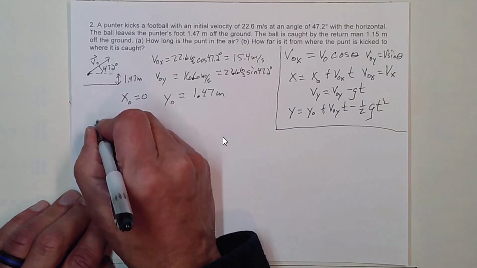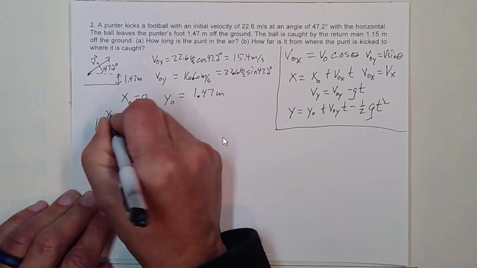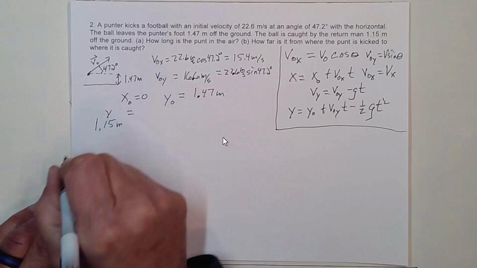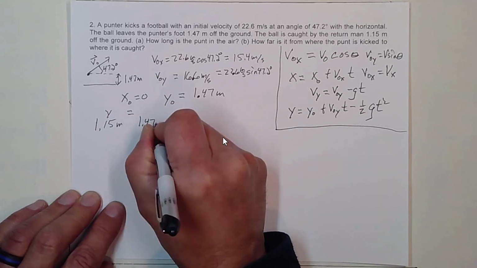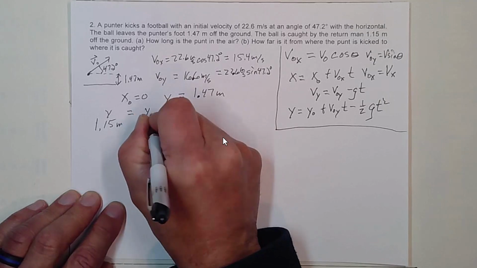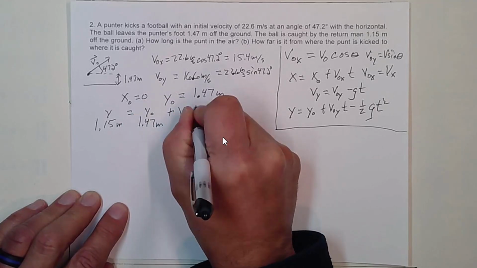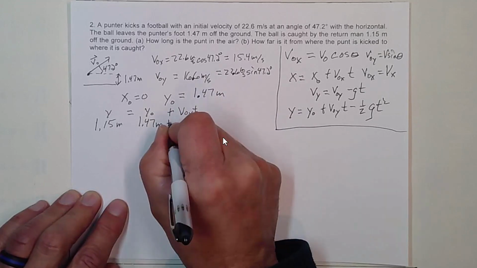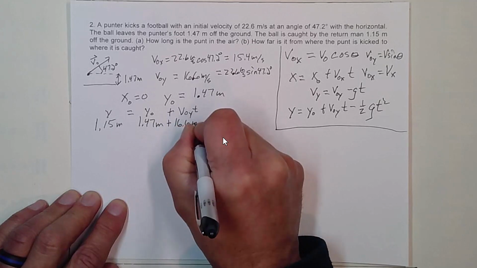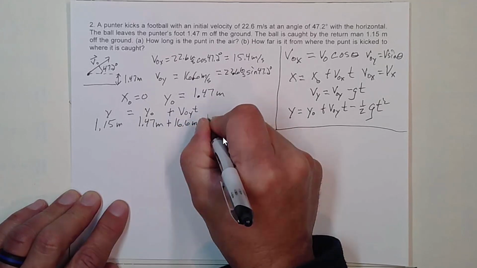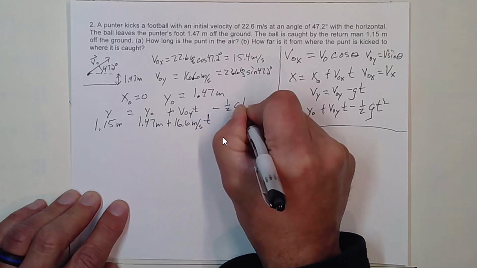So 1.15 meters, that's y, is equal to y naught, which is 1.47 meters, plus v naught y t, which is plus 16.6 meters per second times t, minus the old 1/2 g t squared.